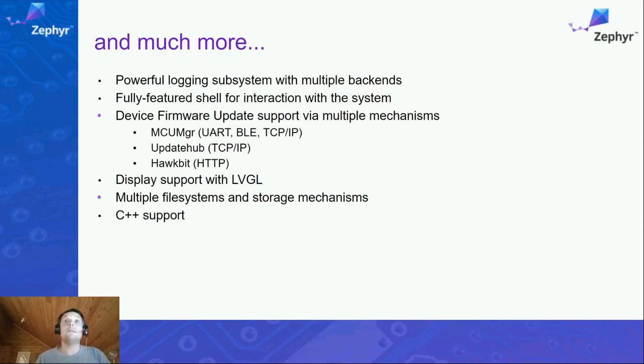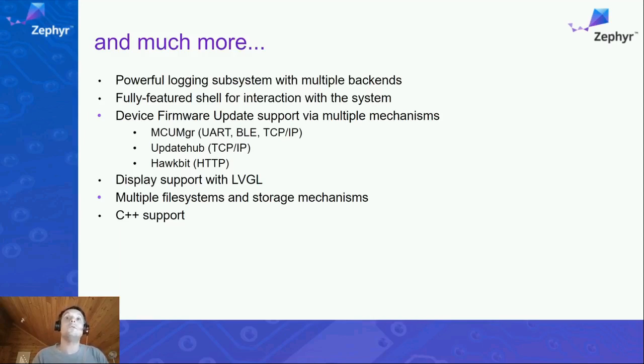We have device firmware update provided by multiple mechanisms. We have MCU Manager, which is an external project that we have contributed a lot of code to, that allows you to update your firmware via UART, Bluetooth Low Energy, or TCP/IP. We have Update Hub, we have Hawkbit.